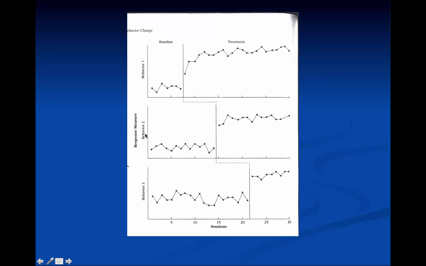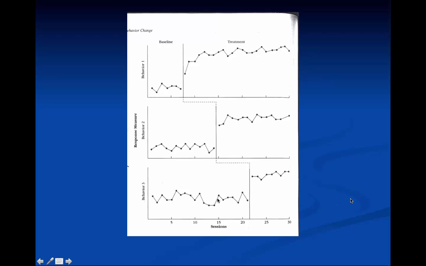This could be in classroom 1, classroom 2, and classroom 3, for example. You're demonstrating control and your functional relationship, because when and only when you implement the treatment do you get a change in each of the behaviors, settings, or individuals that you're manipulating.